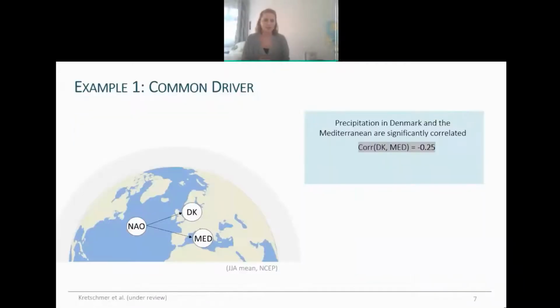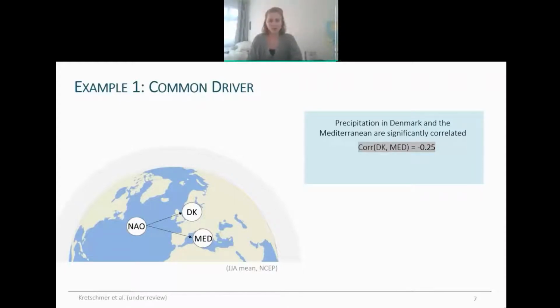So I tried to make this more explicit with some very basic or almost trivial examples from actual teleconnections. I should say this is using ERA5 reanalysis data, so the numbers are based on real data. In the first example of a common driver, we have data of summer precipitation in Denmark and the Mediterranean, which are significantly correlated, with a correlation coefficient of -0.25.